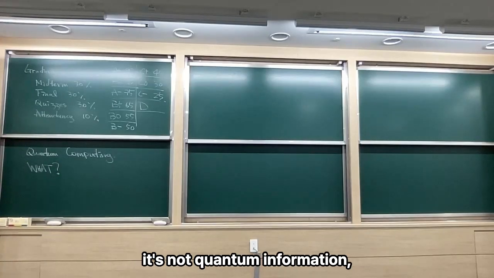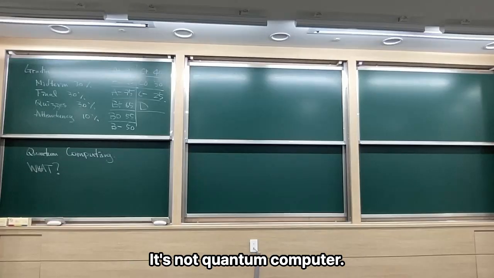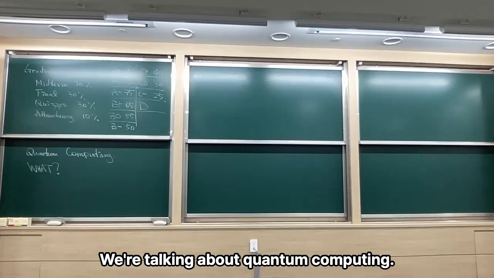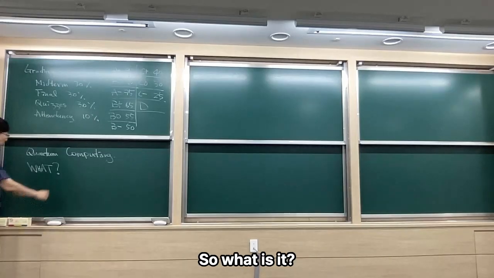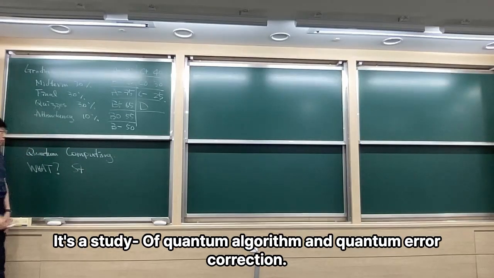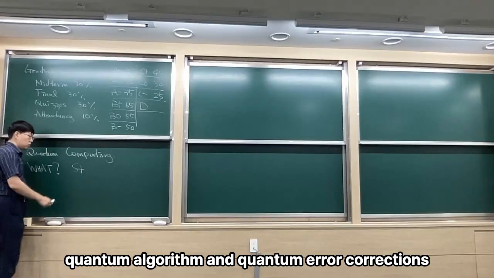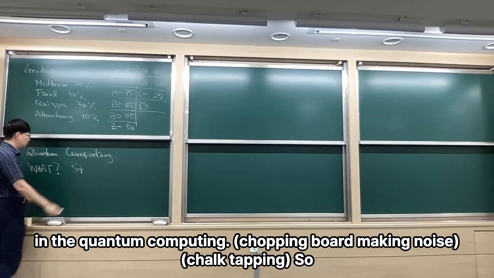It's not quantum information. It's certainly not quantum optics. It's not a quantum computer. We're talking about quantum computing. So what is it? It's a study of quantum algorithms and quantum error correction. Those two things are the two main things in quantum computing.